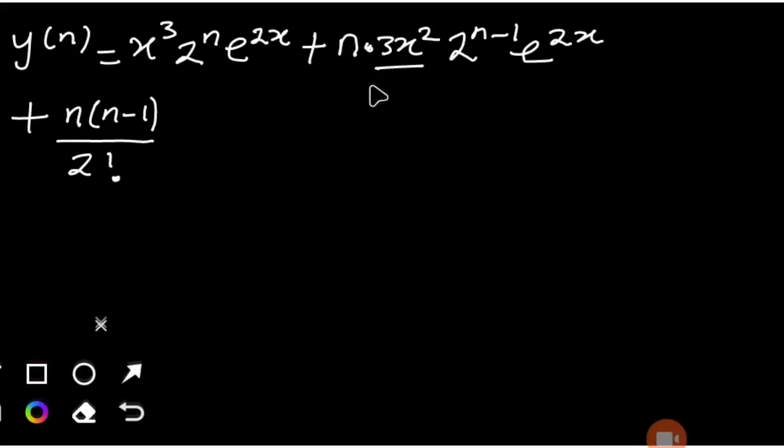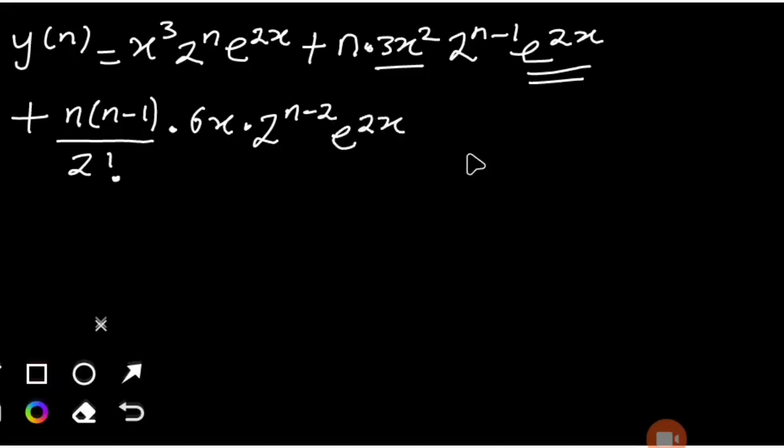That is the second derivative, right? So if I differentiate the last derivative, I will end up having 6x. And if I reduce the derivative of exponent of 2x to n minus 2, that's going to be 2 raised to the power of n minus 2, then exponent of 2x. I hope you are with me.